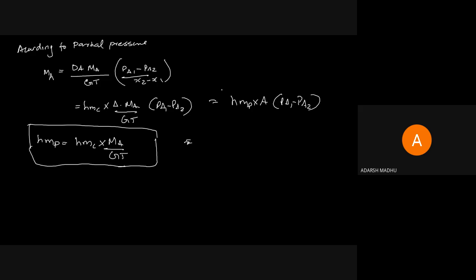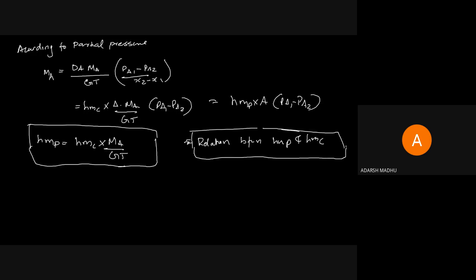Okay, like the same equation, CA1 minus CA2, here PA1 minus PA2, HMP. And here HMP is HMC into MA by GT. This is the relation between HMP and HMC. What is HMP?